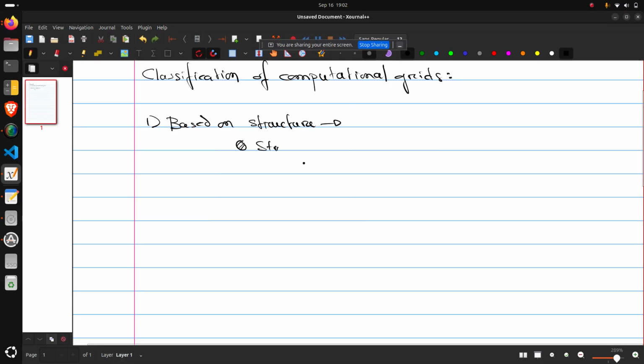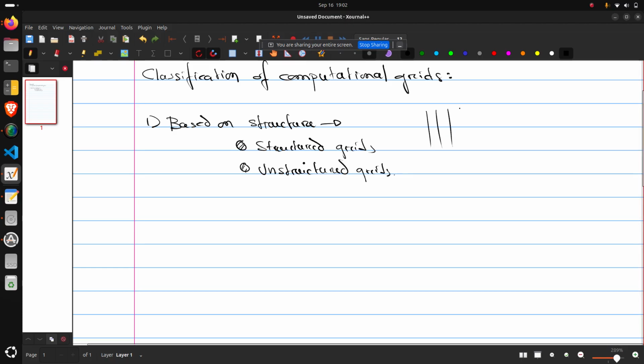One is structured grids and also unstructured grids. Okay, so by structured grid, what do we mean?